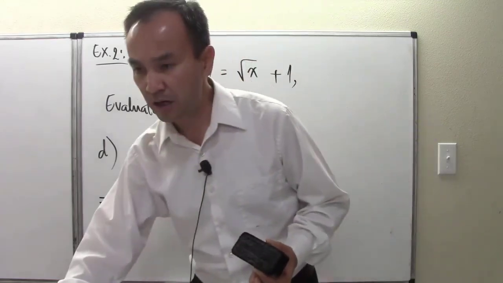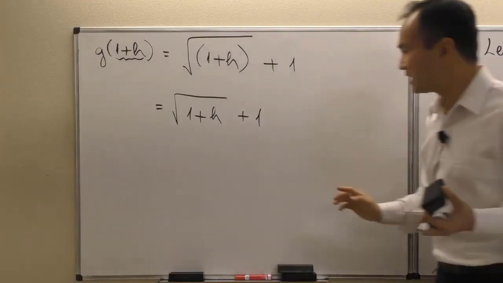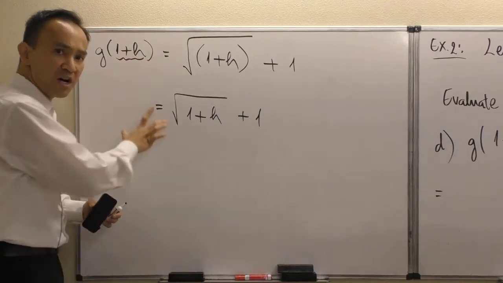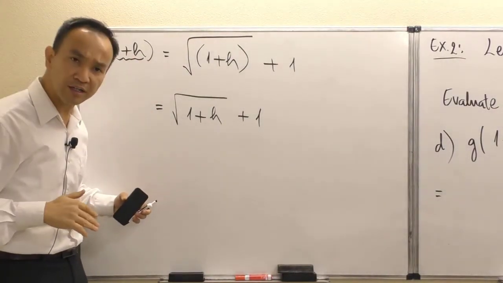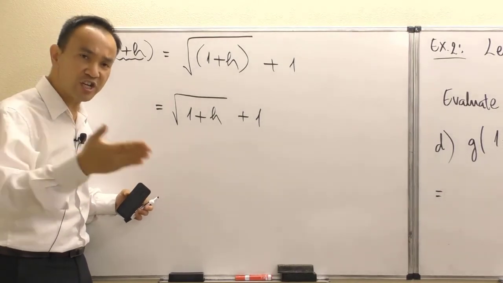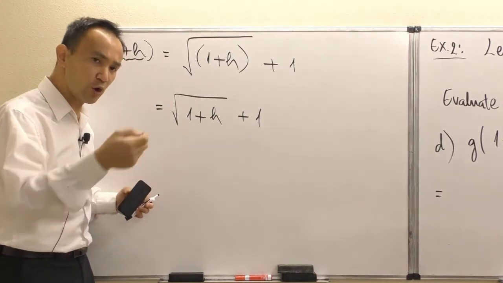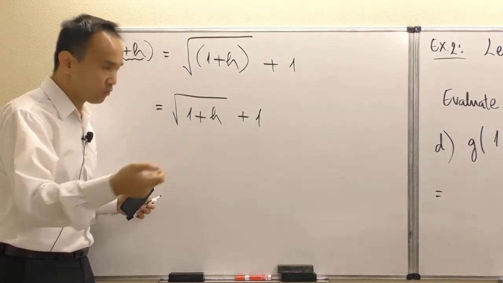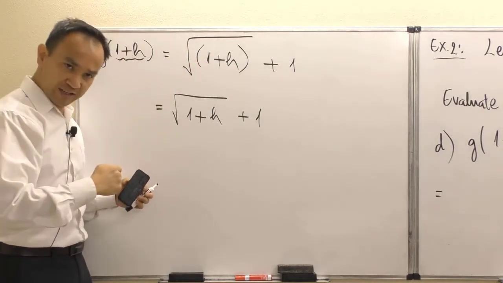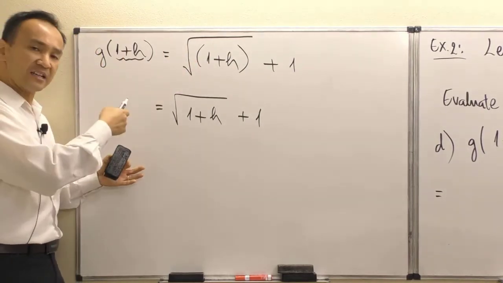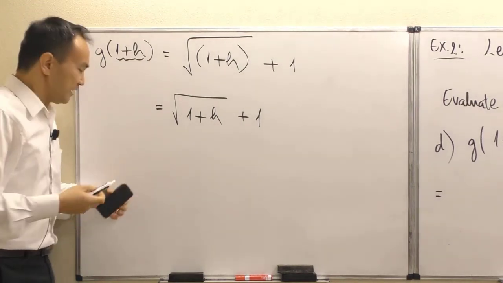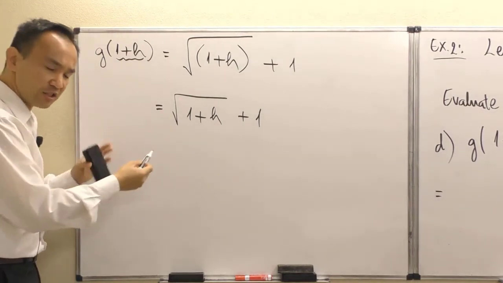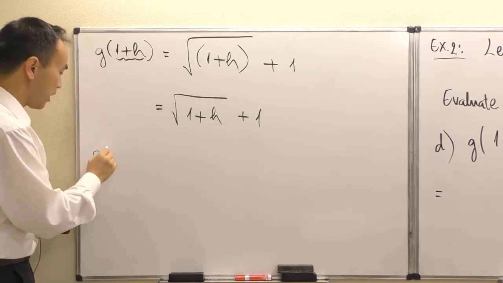On my other board, I already had the work for g of 1 plus h, and the entire example 2 is all under that function g. It all draws from that function g of x, whose rule was given on the other board. So the work we had for g of 1 plus h can still be reused here. I'm going to throw in one more little work.